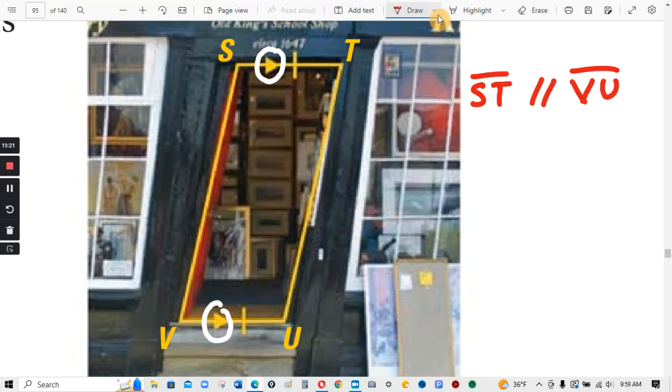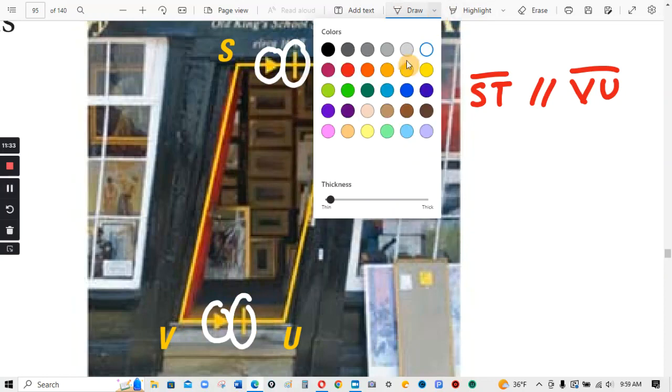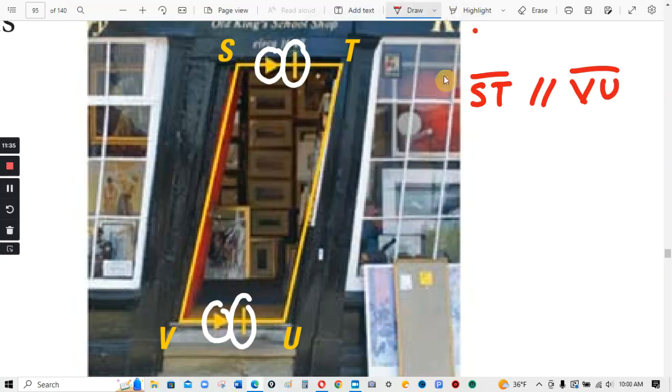In addition to that, we have the tick mark here, and here. So the bottom and the top are also the same length. So ST is congruent to VU.